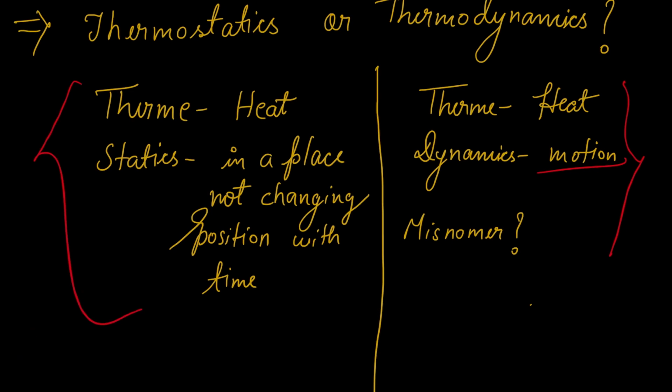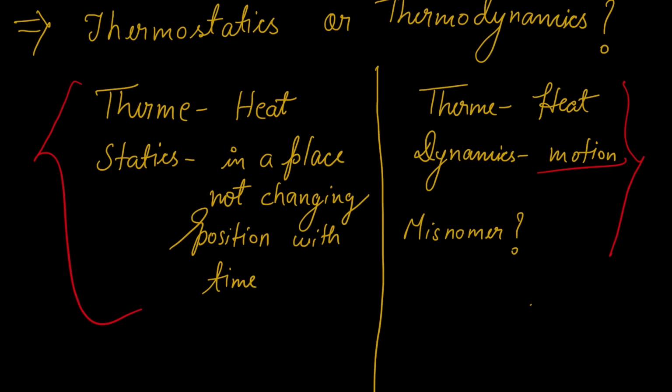Okay, now comes a very interesting part: thermostatics and thermodynamics. So should we call it thermostatics or thermodynamics? Why have this conversation? Therm means heat, statics means it is in a place, it is not changing its position with time, and dynamics is motion.